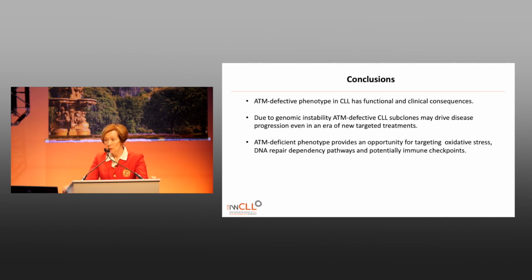And due to genomic instability, ATM defective subclones may drive disease even in the era of new targeted treatments. And of course, this provides a phenotype that can be targeted, definitely by targeting oxidative stress, various DNA repair dependency pathways, and potentially immune checkpoints in the future.